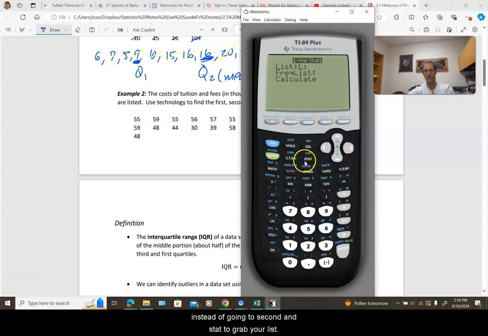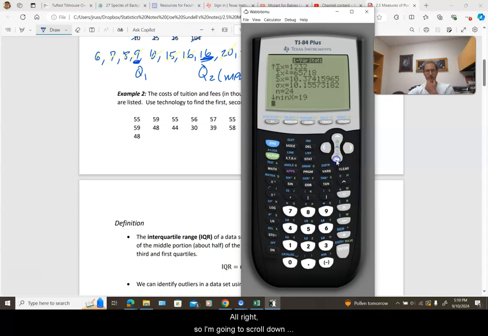Instead of going to Second and Stat to grab your list, the lists are listed above the numbers here. See that in blue? List 1, list 2, list 3, list 4, etc. So I could simply hit Second and click on number 1, and it will put list 1 in there for me. So that's an option.